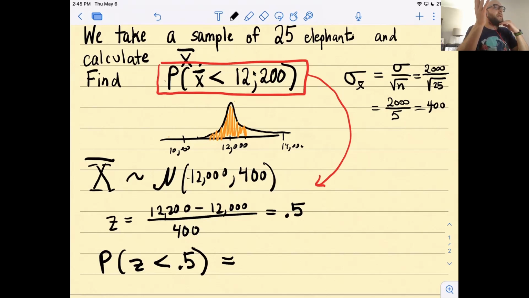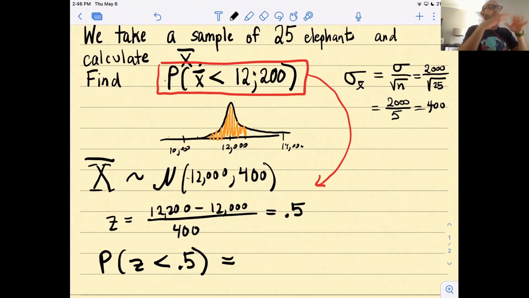But let's say instead of 25 elephants, I do even more, like 100 elephants. If I take a sample of 100 elephants, now it will be much weirder for me to observe that the sample average of 100 elephants is 9,000. That would mean I did something wrong, or, well, it could definitely happen, but it seems very, very unlikely, intuitively.